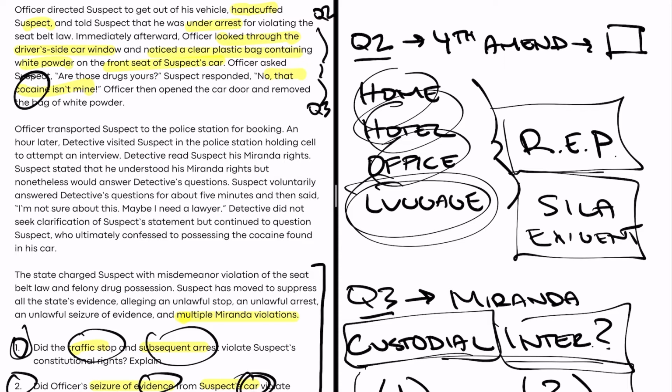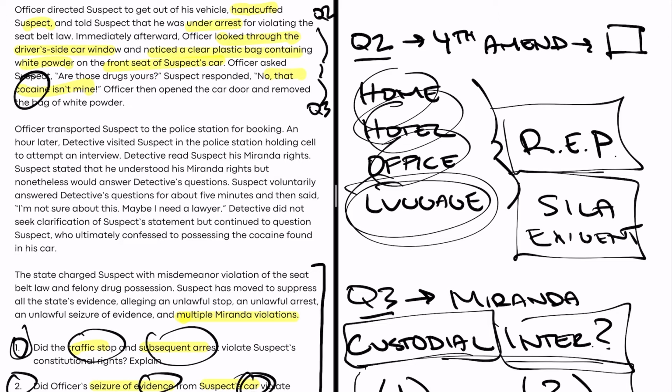So there could be an argument, no, that was salt, that was sugar, that wasn't cocaine. But if there was any question as to whether the incriminating character of the object was in question, when the suspect says, no, that cocaine isn't mine, now it becomes very clear, very apparent that the object is contraband. This is cocaine. This is an illegal drug. So all three elements are going to be satisfied here for the plain view doctrine to apply.